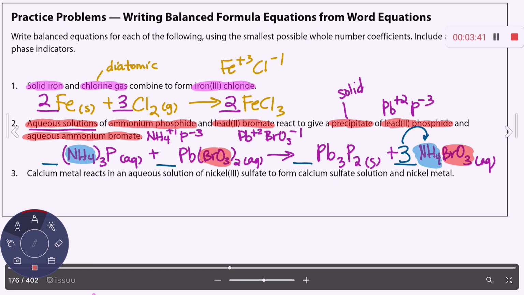So that means I need to change my coefficients. Okay, so that means I'm looking at a 3 here to give me 6 bromates. This gets erased. This is going to be a 6 to give me 6 BrO3s. Then I have 6 ammonium, so I would need to put a 2 here. Got 2 P's on either side. 3 PBs, there we are. 2, 3, 1, 6 would be my balanced equation.